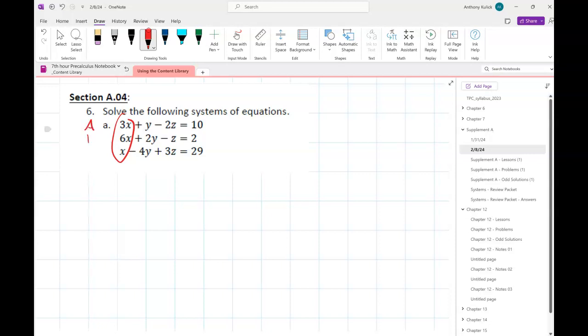So I'm going to refer to these as equations A, B, and C. If I want to eliminate the x's from equation A and equation C, what do we have to do so that when I add those two together, the x's will cancel out? Great, so we'll multiply equation 3, or equation C, by negative 3. So equation A, I'm going to leave unchanged.